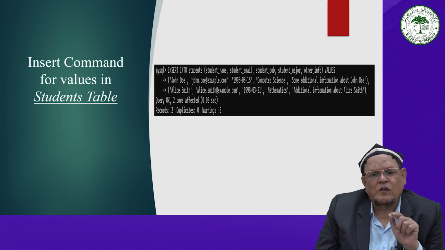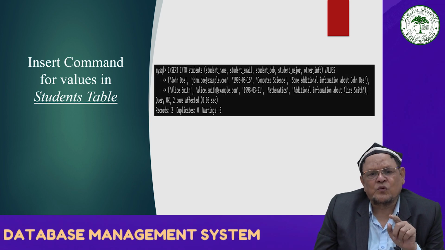Now in MySQL, you have to write insert into, put the name of the student table, students, within parenthesis. You have to write student name, comma, student email, student date of birth, student major, other information. Then the parenthesis should be closed.